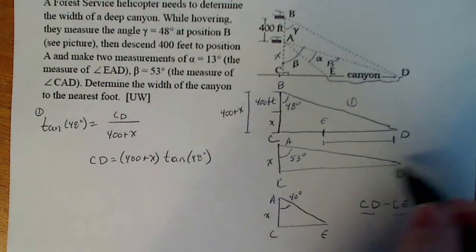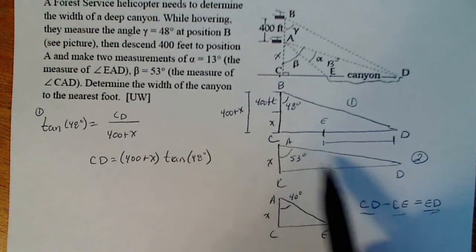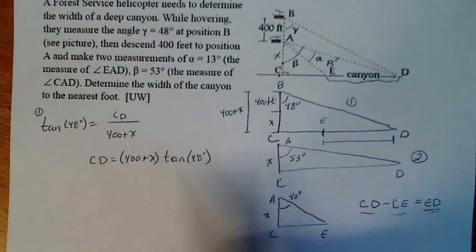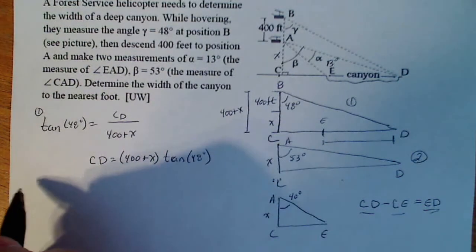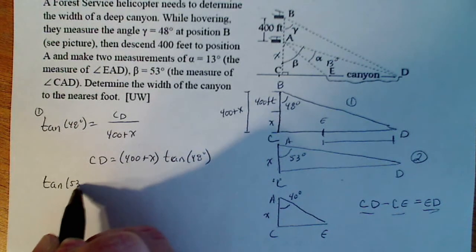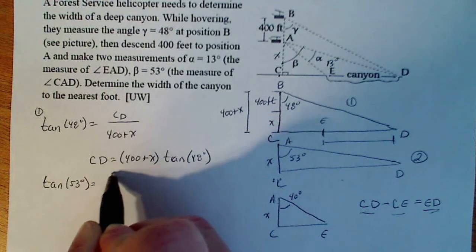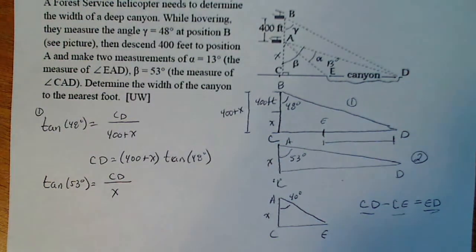Now let's talk about triangle 2. I still have an angle, and I have a length of side opposite, which is CD, and a vertical side x. So I can say the tangent of 53 is equal to the opposite length over adjacent. Now that's kind of nice.